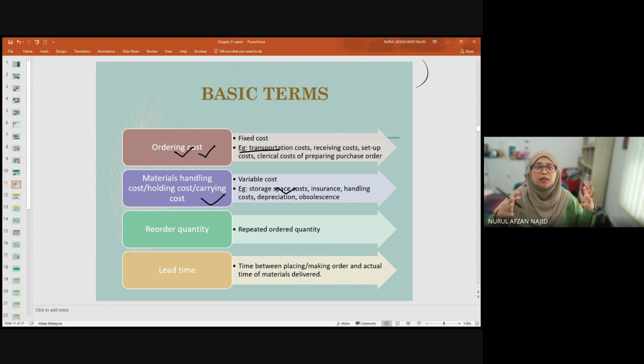You kena incur membayar sewa building untuk store ataupun keep the material. Lepas tu bila dah ada material dekat dalam building tu, kita akan bayar insurans. Kenapa kita nak bayar insurans? Sebab kita nak mengurangkan risiko. Kan? If let's say berlaku kebakaran ke apa benda ke, at least kita dapat claim from syarikat insurans tersebut. Lepas tu ada handling cost. Apa yang dimaksudkan dengan handling cost?